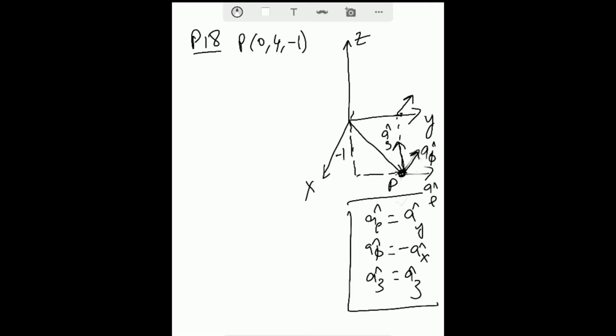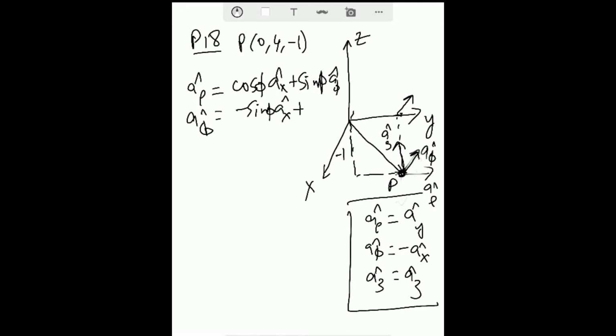So I can go to the unit vector relations. A rho in terms of Cartesian is equal to cosine phi AX plus sine phi AY, and A phi is equal to minus sine phi AX plus cosine phi AY.